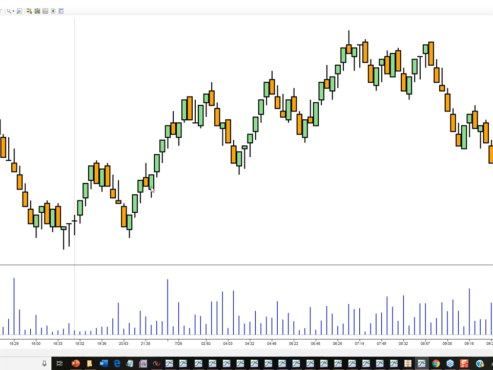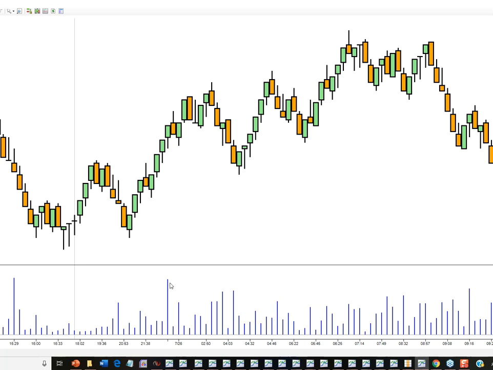I'm not talking about volume profile, which is different, but leveraging total volume, or the number of contracts that are crossing at any given time. It could be contracts, it could be lots, it could be shares. It doesn't make any difference what the financial instrument is. It's simply associated with some amount of volume per unit time.